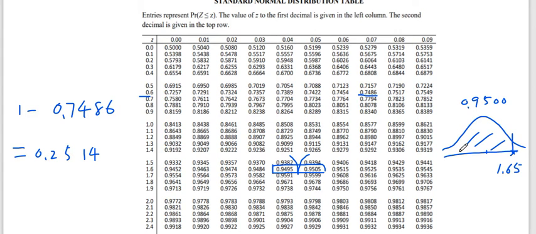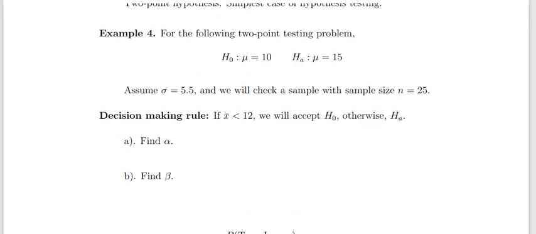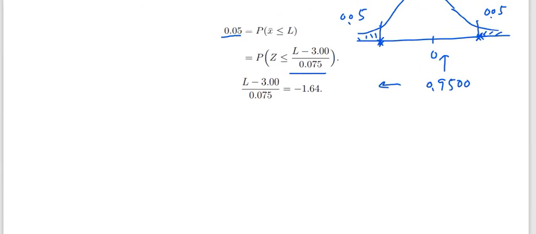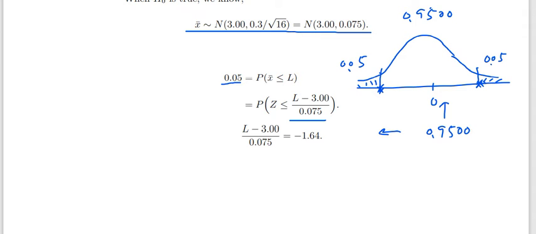So here 0.05 corresponds to negative 1.65, right? Now let's go back to our problem. Here we consider this number as negative 1.64 or negative 1.65.